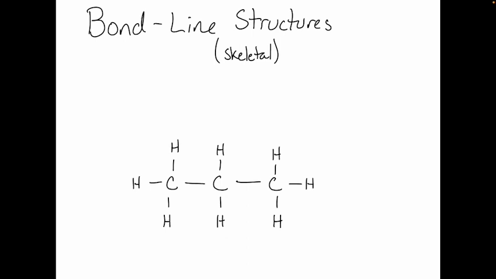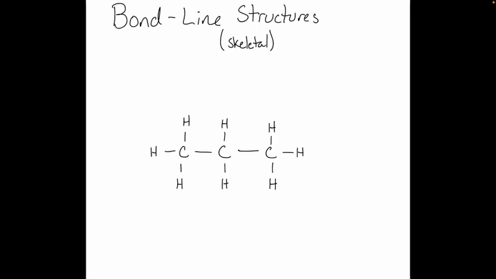Okay, so this is the perfectly legal Lewis structure for this particular 3-carbon organic molecule here. If I wanted to represent this as a bond line structure, I would just draw these 2 lines here. So these are representing the exact same thing.